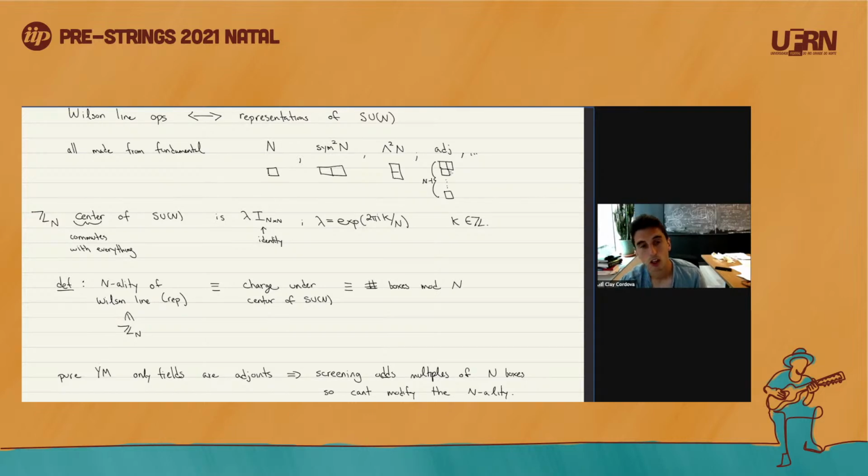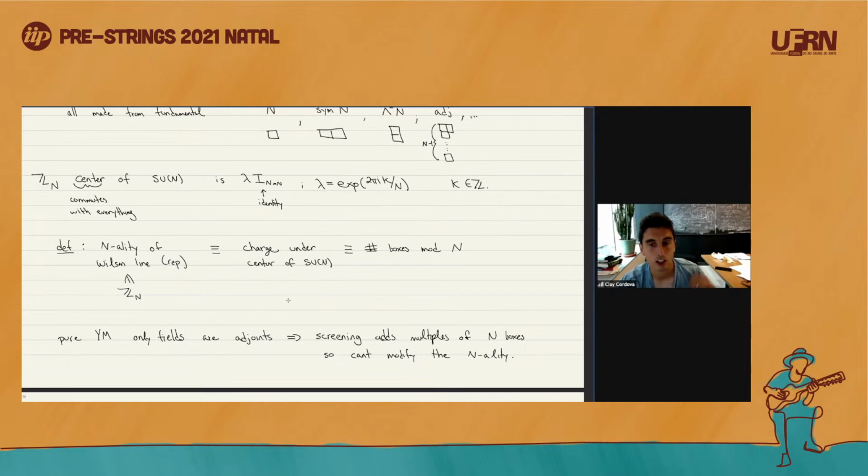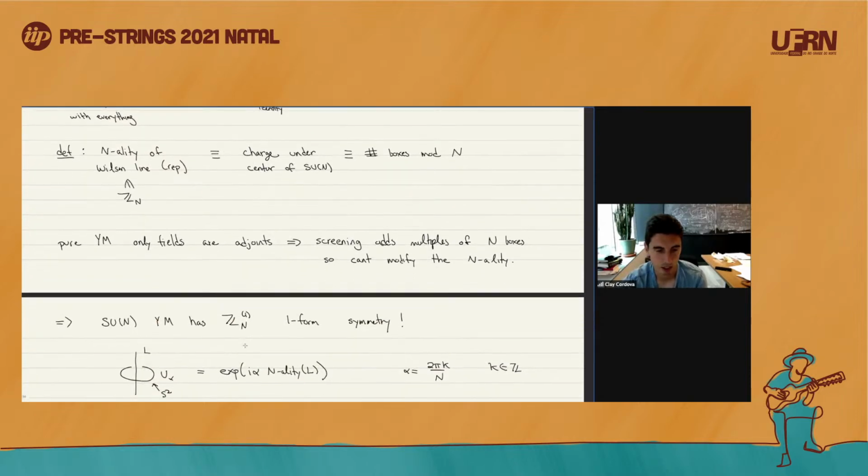So what we get to from this line of reasoning is that the conserved quantum number, the thing that is really a charge that we want to study, is the N-ality, the number of boxes modulo N. Because we can always add multiples by putting in lots of gluons. And so that's how we got to this final statement.